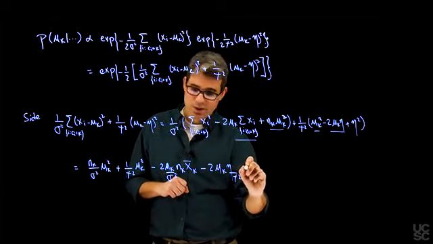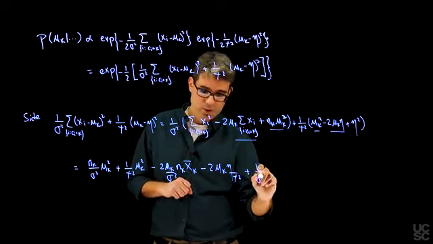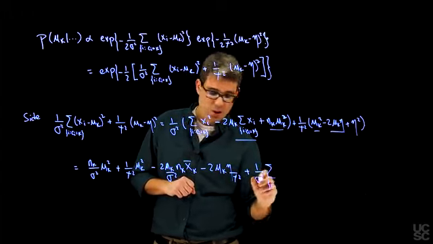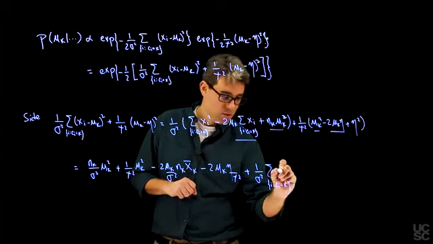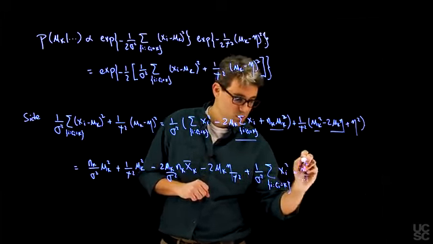And finally, we have a term that is 1 over sigma squared sum over the i's such that c sub i equals k of x_i squared plus eta squared over tau squared.